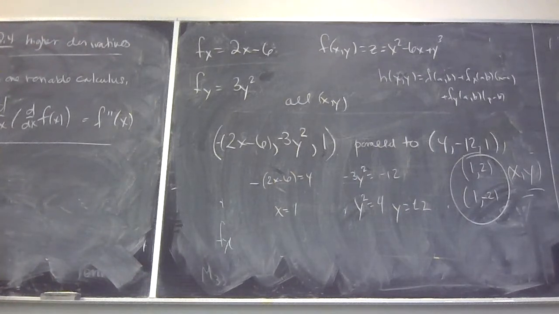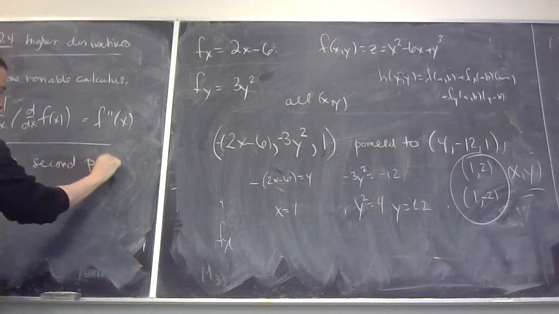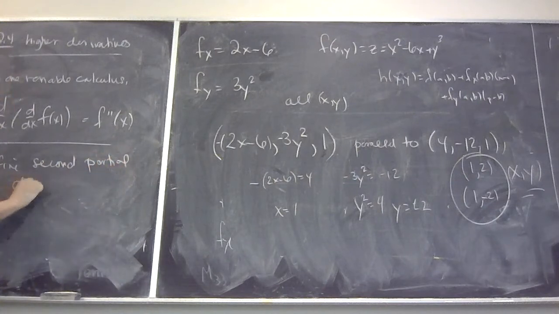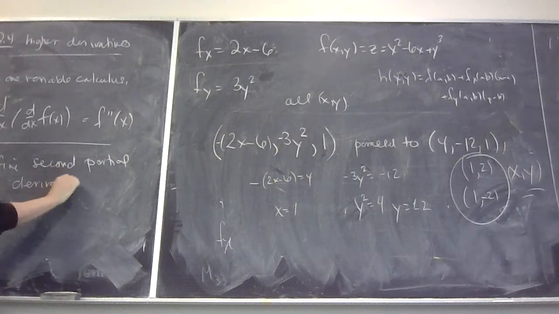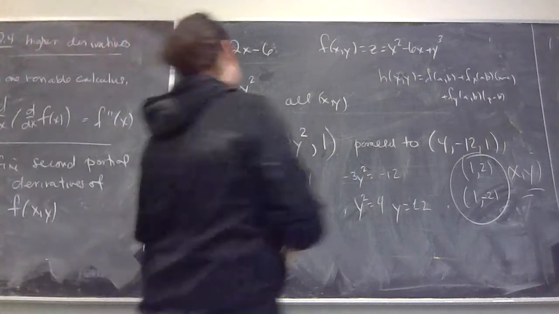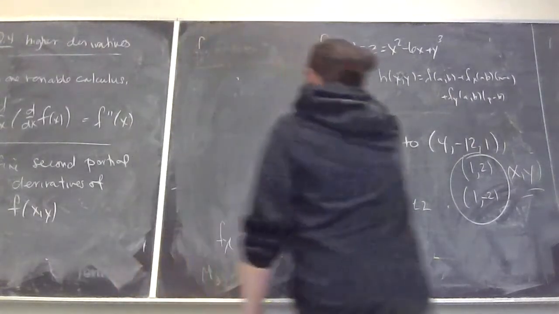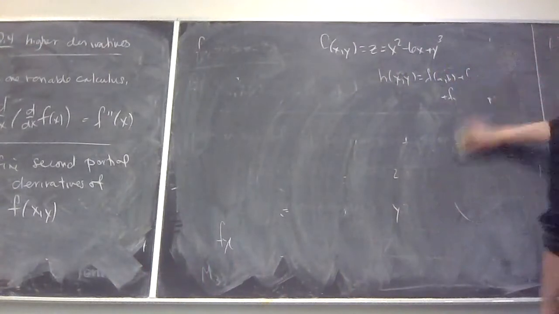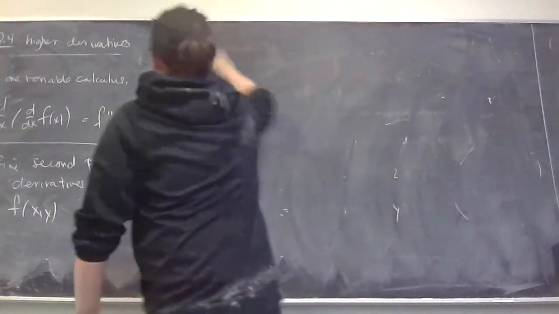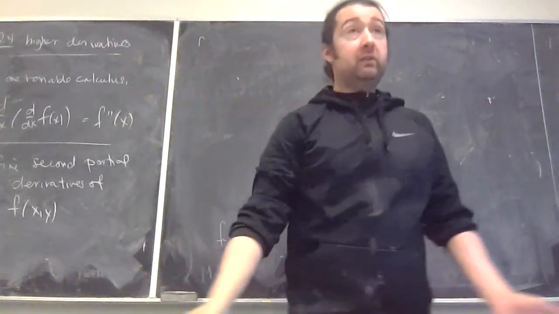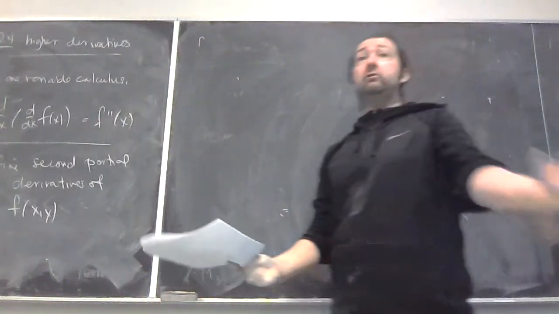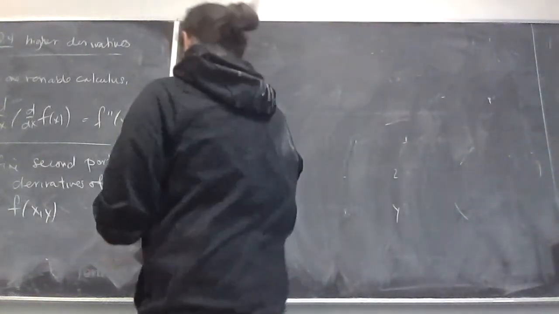So I'm just going to define the second partial derivatives of f of, let's just say x and y to start with. We'll build this up. And really, the only thing to deal with here with the second partial derivatives in the first computation is just keeping track of what the notation is telling you to do.